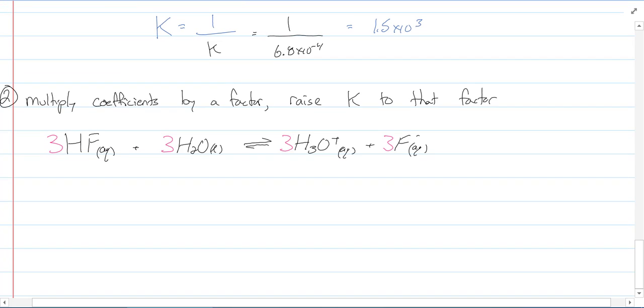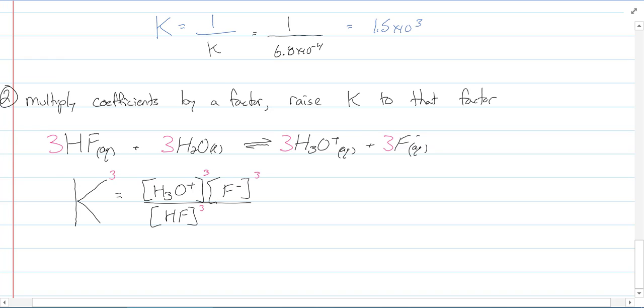Which means my K expression here, I don't want to use the pink yet, my K expression here is equal to the concentration of hydronium times concentration of fluoride all over the concentration of HF. Well, what we do here is we cube everything.